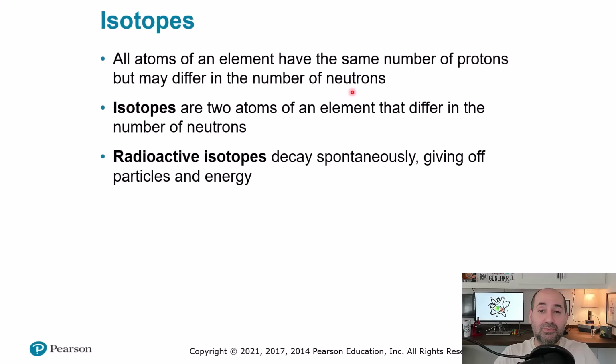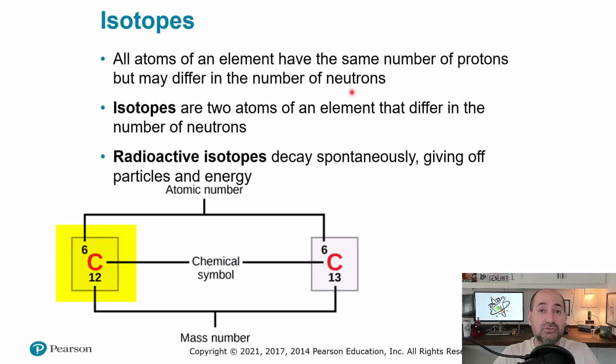So for example, there is carbon-12, which has 6 neutrons, carbon-13, which has 7 neutrons, and carbon-14, which has 8 neutrons. And these atoms that have different numbers of neutrons are called isotopes. So carbon-12, 13, and 14 are isotopes. They are atoms that have different numbers of neutrons.